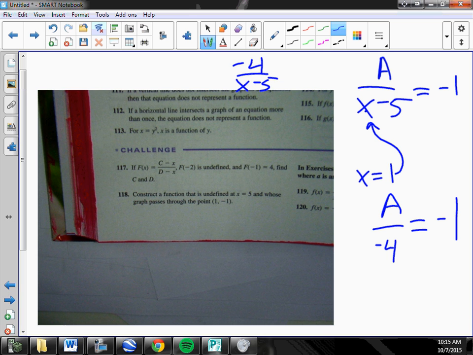Or you can take 1 over x minus 5 and figure out how much it missed by. You plug in 1 and you got 0.25, so we need to add an additional 0.75, and that will lift the graph up. And actually, I think those are the same.